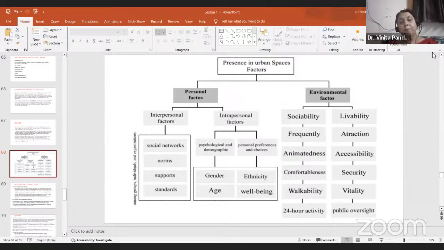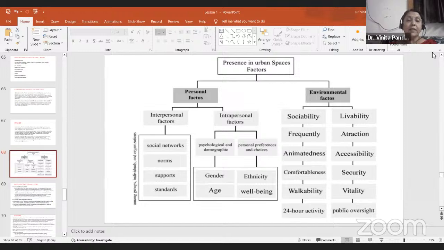So, in terms of personal factors and environmental factors, if you go through all these bullets or phrases given on this slide, you will definitely be convinced that all these factors, directly or indirectly, influence the physical health and mental health of urban dwellers overall and, of course, women also. In personal factors, we are talking about interpersonal and intrapersonal factors.